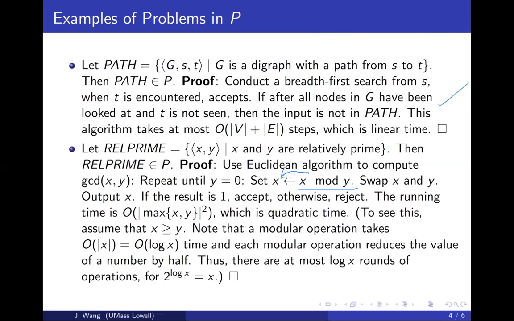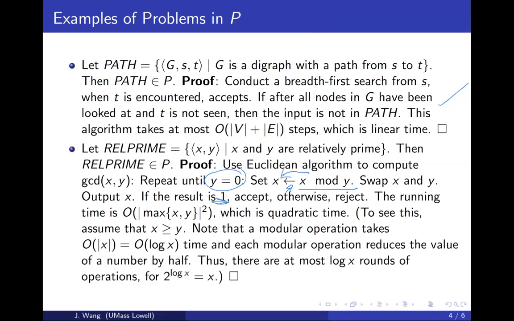We keep doing this until y becomes 0. If the result is 1, accept, otherwise reject. So 1 just means that the GCD of x and y is 1.